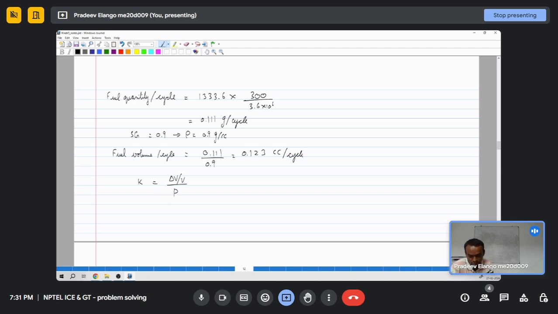Say this is V final, and I think there won't be much difference. So we can write V initial minus V final by V, either initial or final. The pressure we can take as 300 bar, because that is where it is injected. Then Vi will be almost the same as Vf.